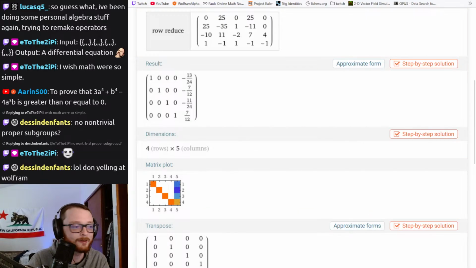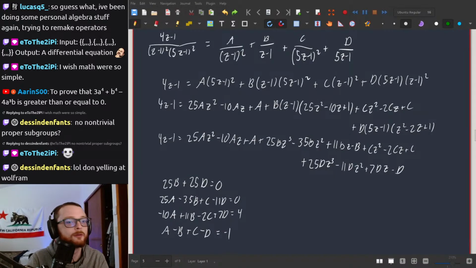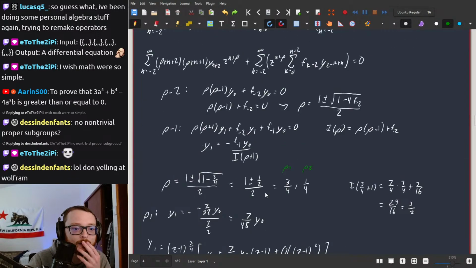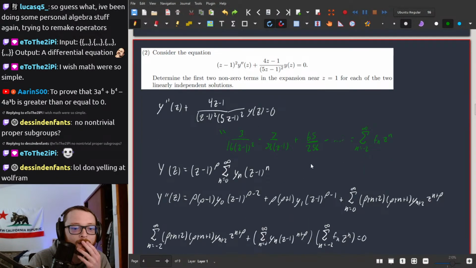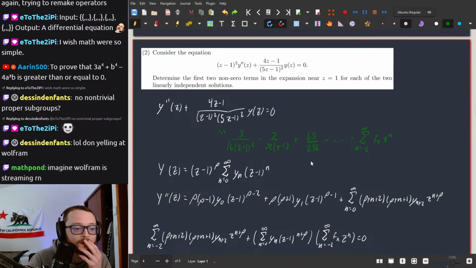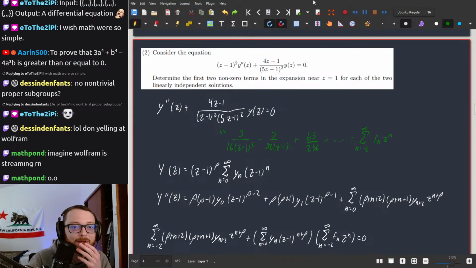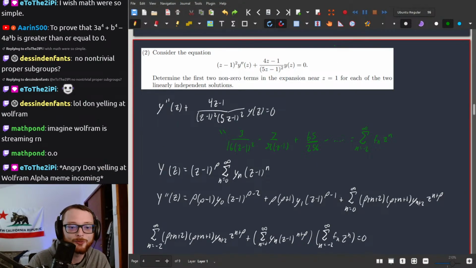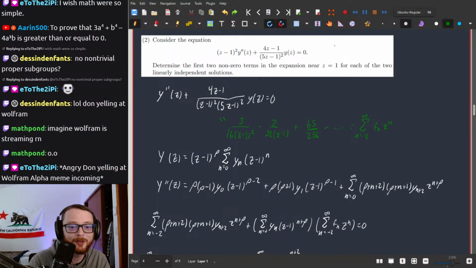Because why should a math tool be free? That would be a crime. Stephen Wolfram does have an actual stream. I don't think he's streaming right now, because I don't remember seeing him live. Angry Don yelling at Wolfram Alpha meme? Yeah.